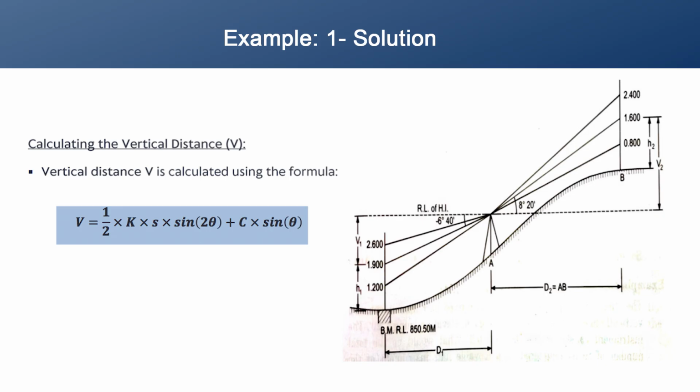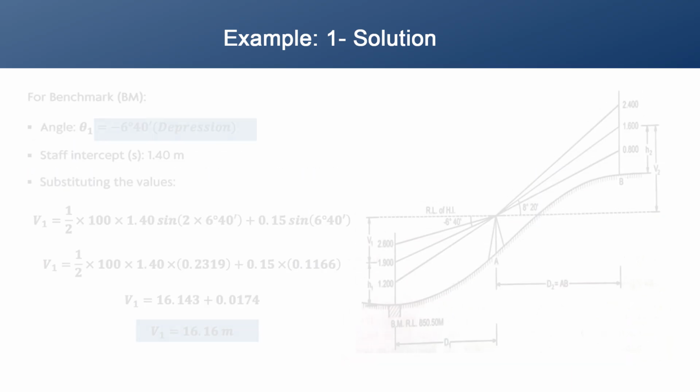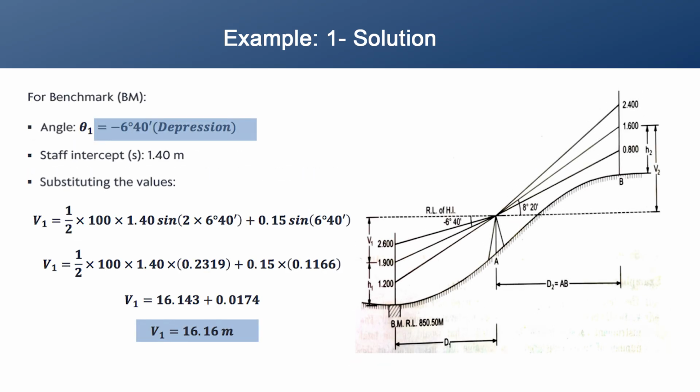Vertical distance V is calculated using the formula V is equal to half K S sin 2 theta plus C sin theta. So, for the benchmark, angle theta 1 is minus 6 degree 40 minutes, and staff intercept S is 1.40 meter.